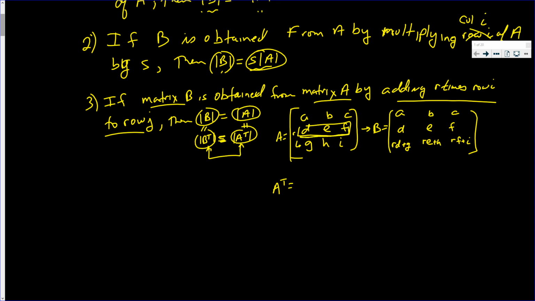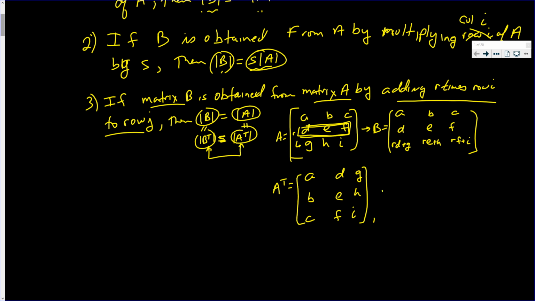I multiplied the second row by R, and I added it to the third row, and that became the new third row. Now, for A transpose, the first row, ABC, becomes the first column. The second row, DEF, becomes the second column. The third row becomes the third column.